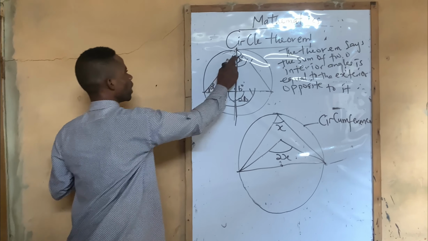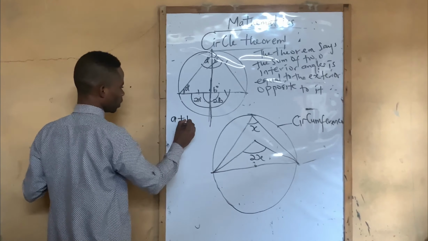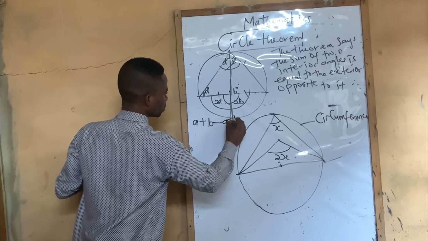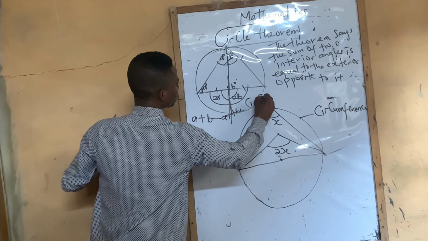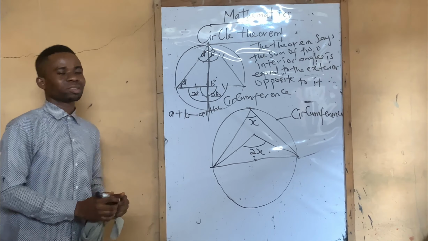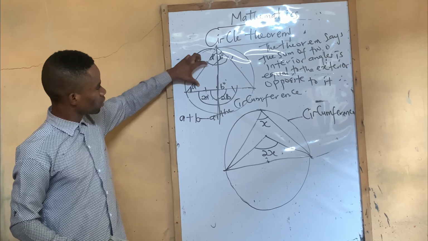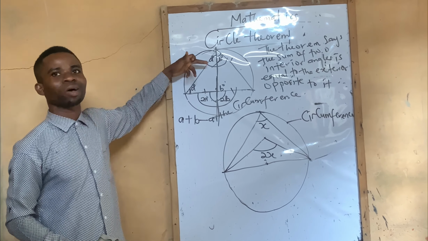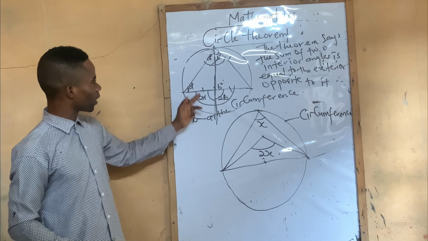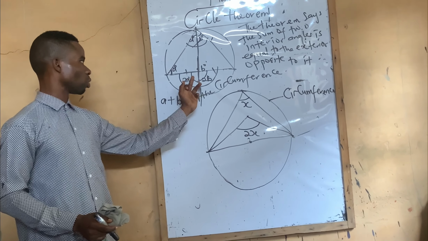That means here at the circumference, I'm having A plus B. The sum, if I add it together, is A plus B, at the circumference. At the circumference, I'm having A because this triangle is isosceles, and the base angles of isosceles triangles are equal. That means I put A here, I put A here. And don't forget that these two interior angles are opposite to this exterior angle that is outside.